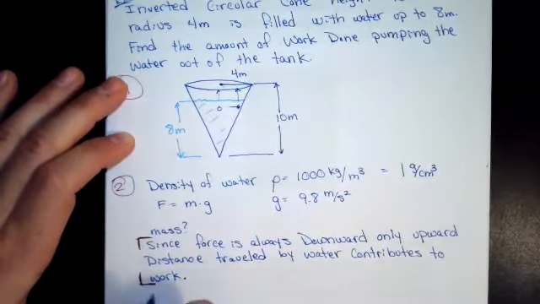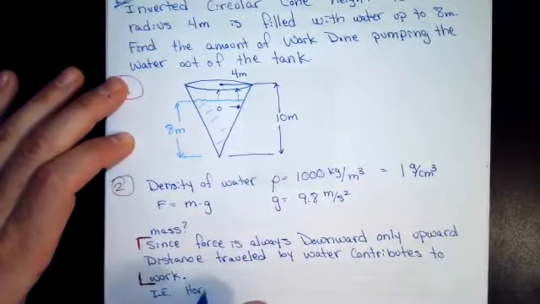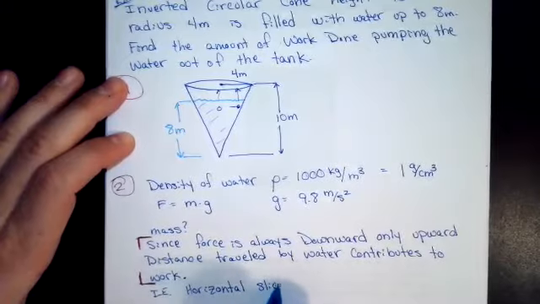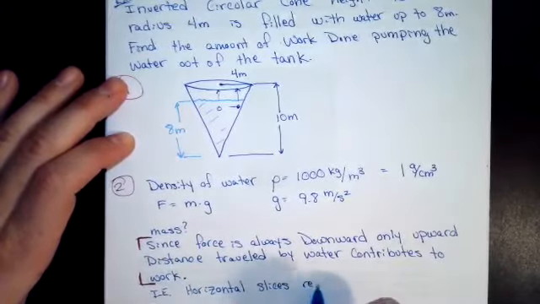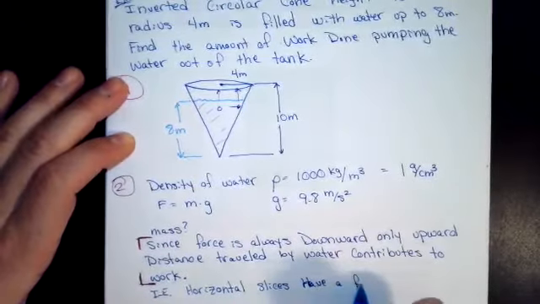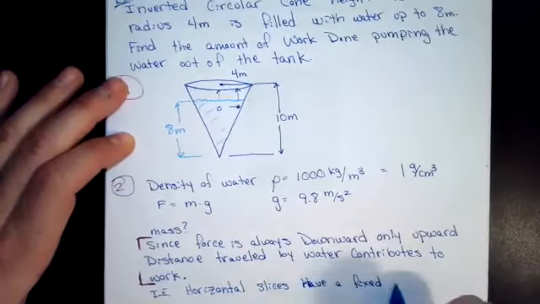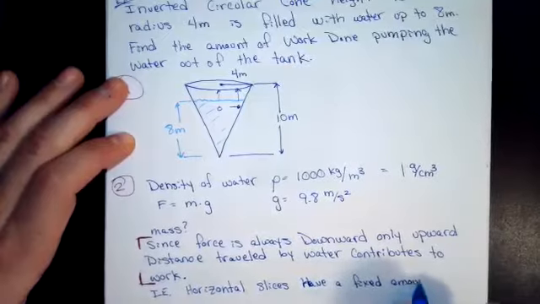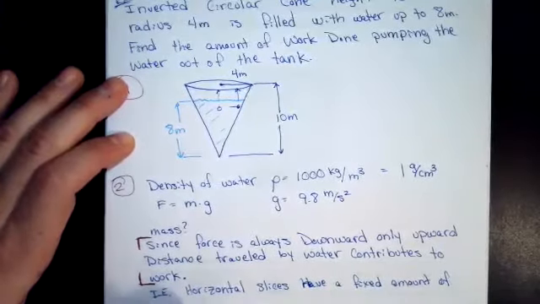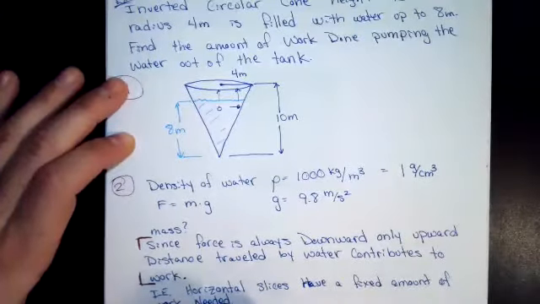So in other words, horizontal slices have a fixed amount of work needed to pump out the top.